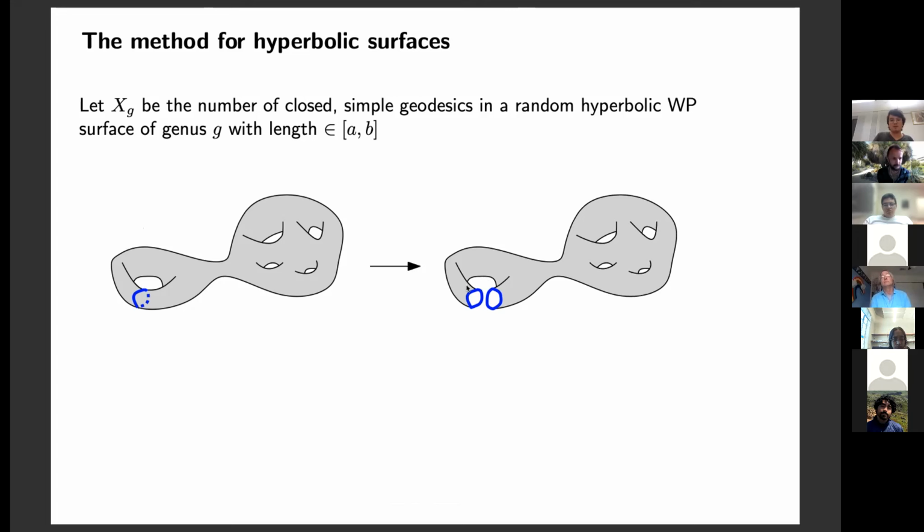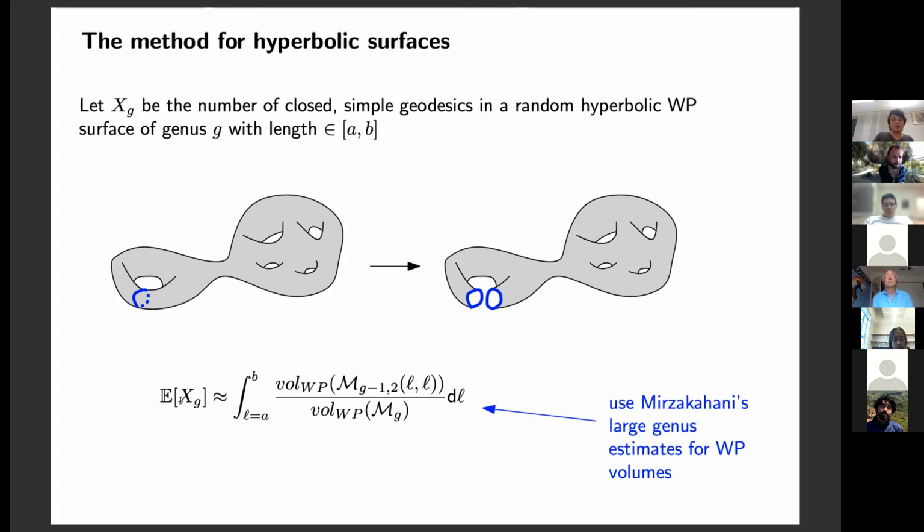And so if I apply this principle to count the expectation of X_G, then instead of having a number, I just use the volume, so that the denominator is the volume of the moduli space of genus G, and we're lucky because we can also calculate the volumes of the spaces of surfaces with boundaries.